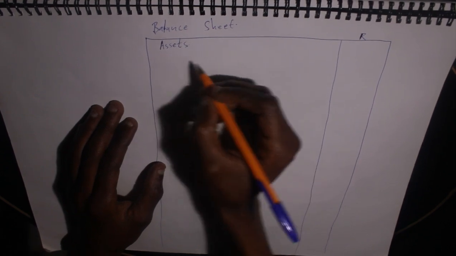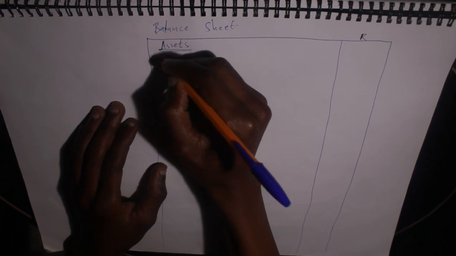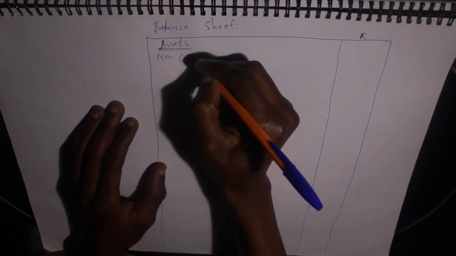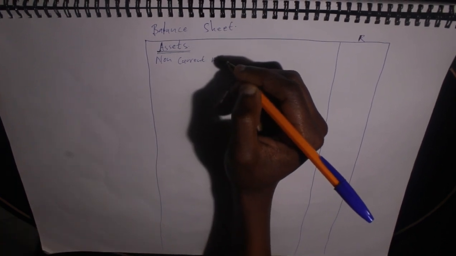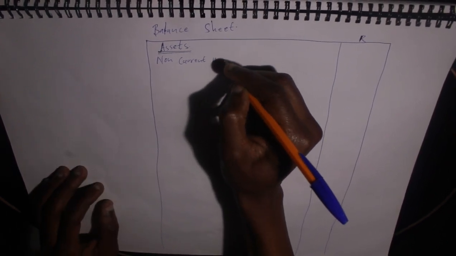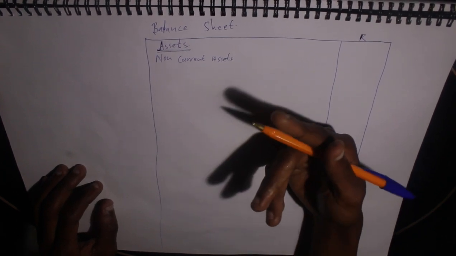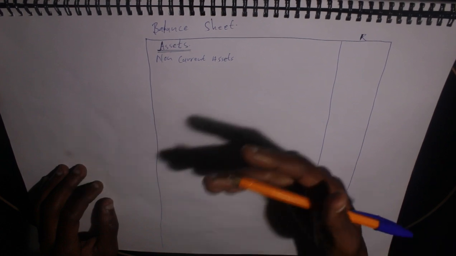Assets. So under assets, we have what we call non-current assets. We have two types of assets, which is non-current assets and current assets.